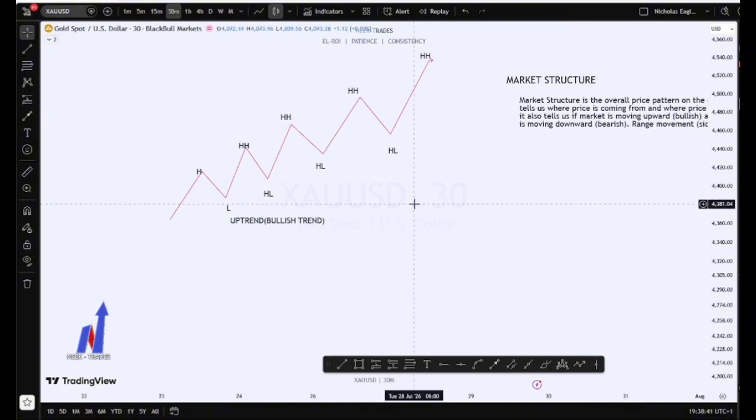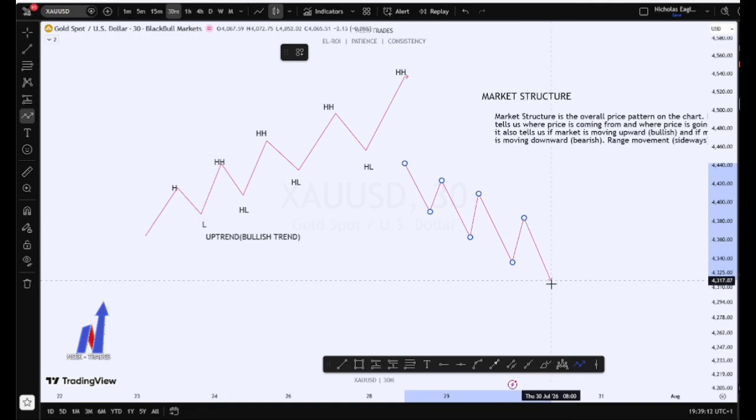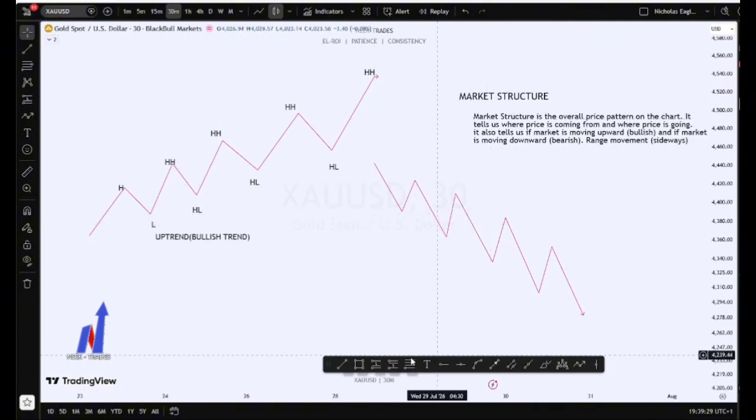We have it like this: market coming from up goes down, gives us a low, and then retraces up, then breaks the structure of the previous low again, and retraces up again, and breaks the structure to give us another lower low, and gives us a lower high, now breaks structure again to give us another lower low, and retraces to give us a new lower high, and so on and so forth.